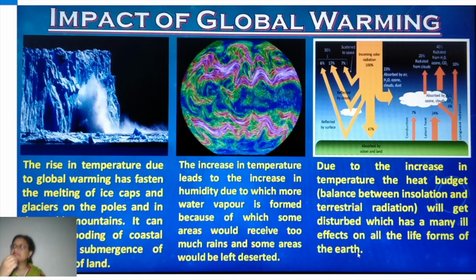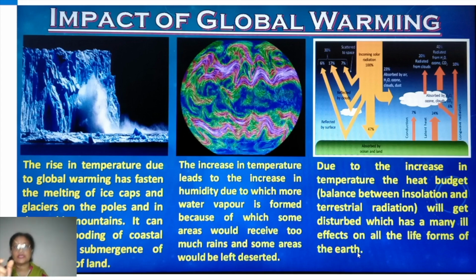Some part of it is absorbed by the clouds, some part is absorbed by the dust particles and all in the atmosphere. Some part of it again is reflected back to space. So in this manner, children, it gets scattered. Only a little part of it is able to reach the earth's surface.